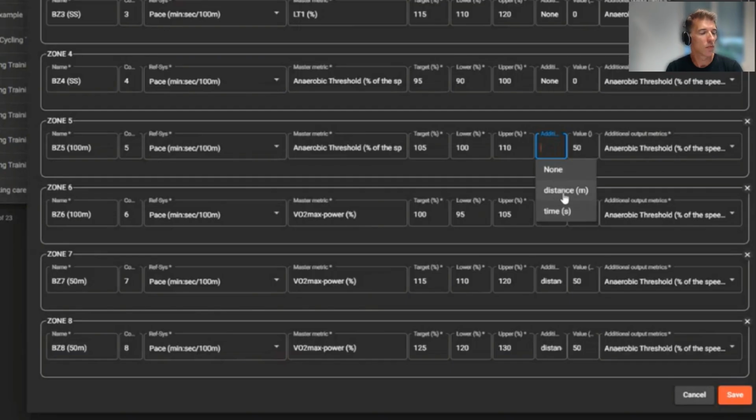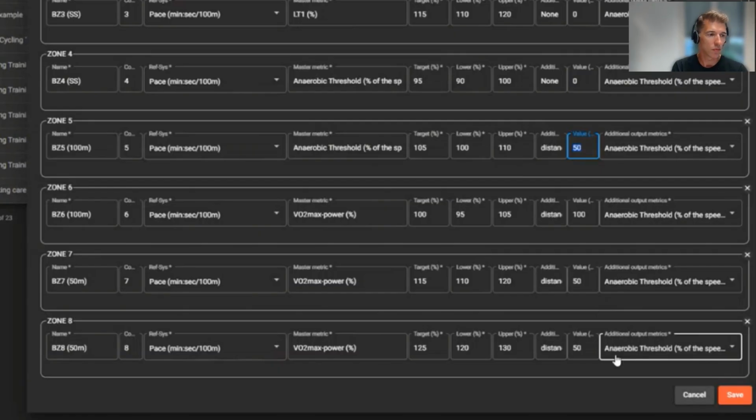Let us choose distance here, and you have a specification of 50 meters, because it's different if you use zone 5 for 50 meters or for 100 meters, or for example, for 400 meters. So this helps us to think more deeply about how training sets should be designed and what is the individual direction for our athletes.